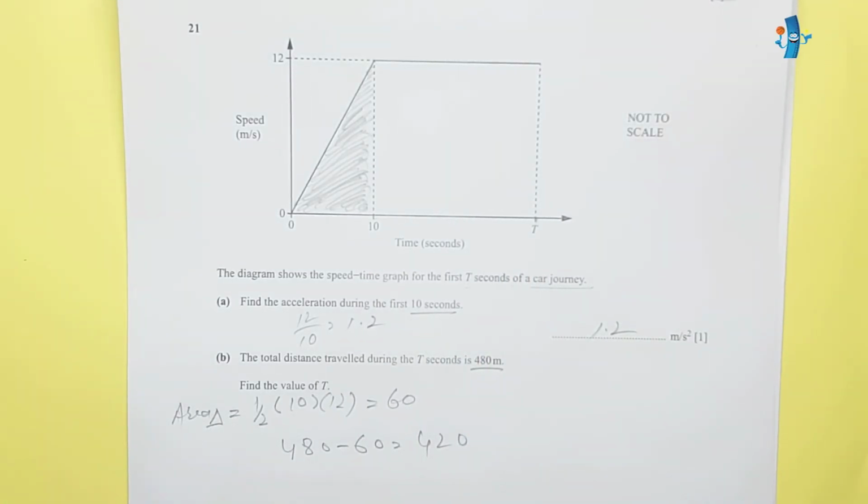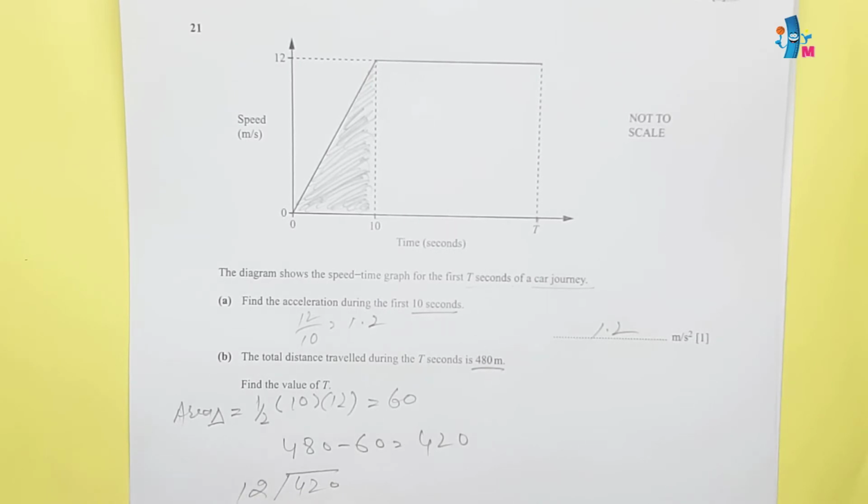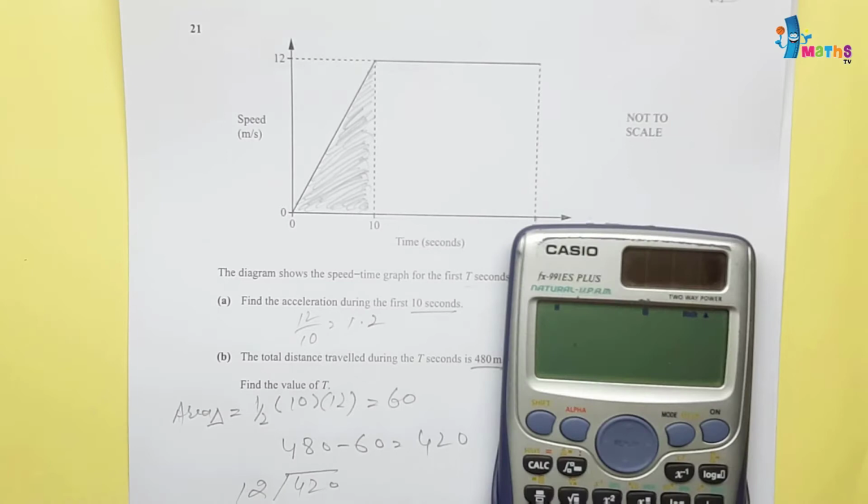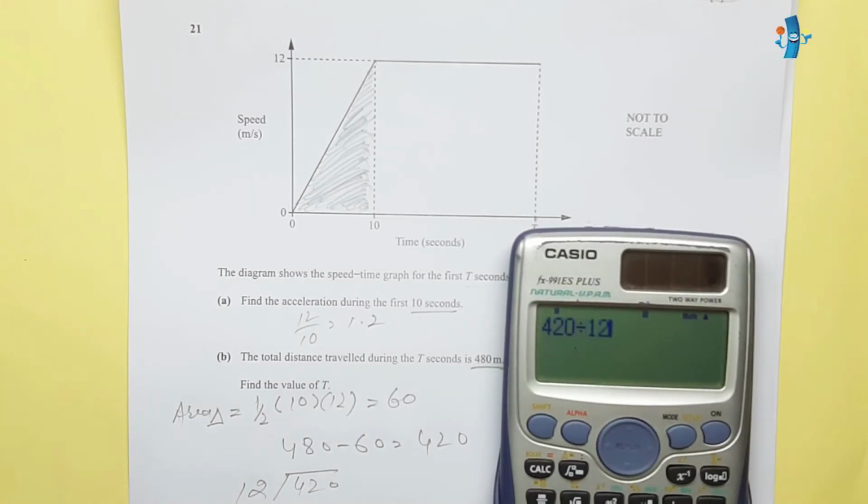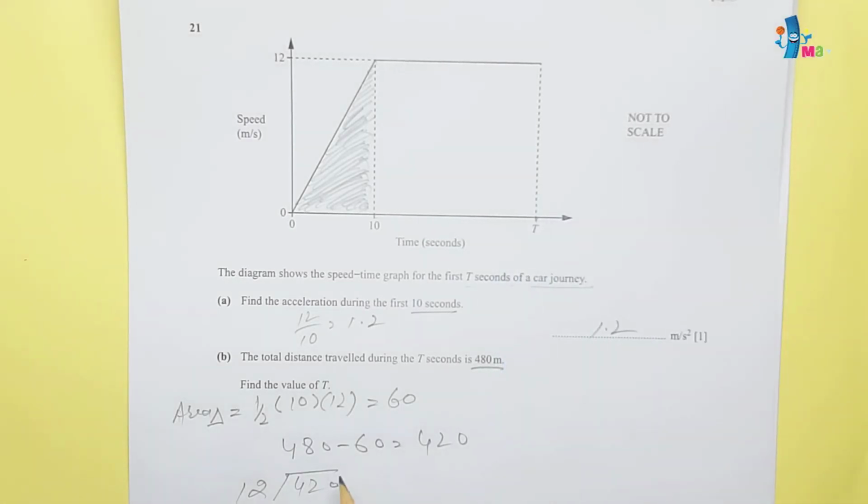So we will divide 420 by 12. 420 divided by 12 will be equal to 35. So the answer to this one will be 35.